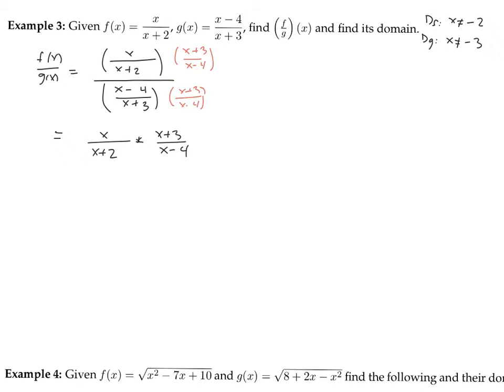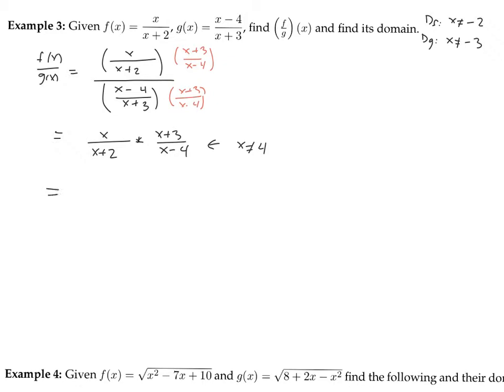So is everyone okay with that step? Okay, now at this step, you have another denominator. Does that make sense? So check and see, are there any numbers that you're going to have to leave out here? Yeah, you're going to have to leave out x cannot equal 4. Okay, and then just multiply them together.